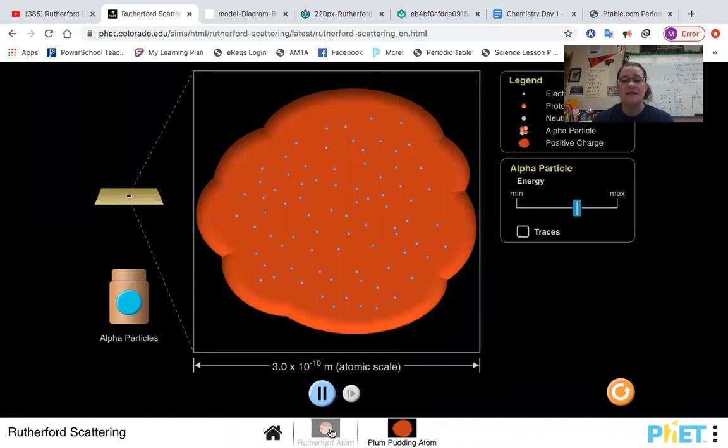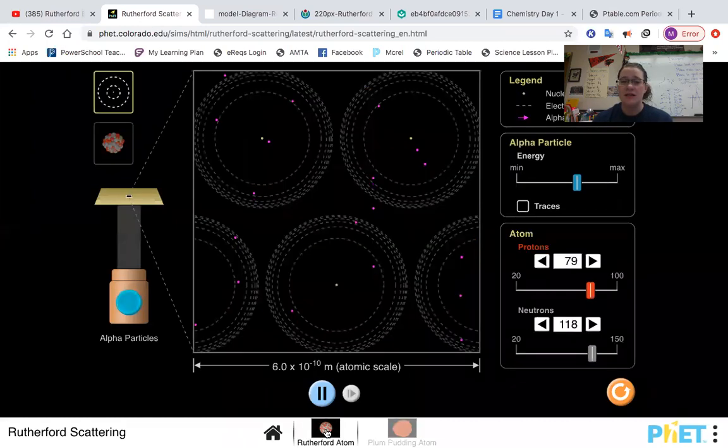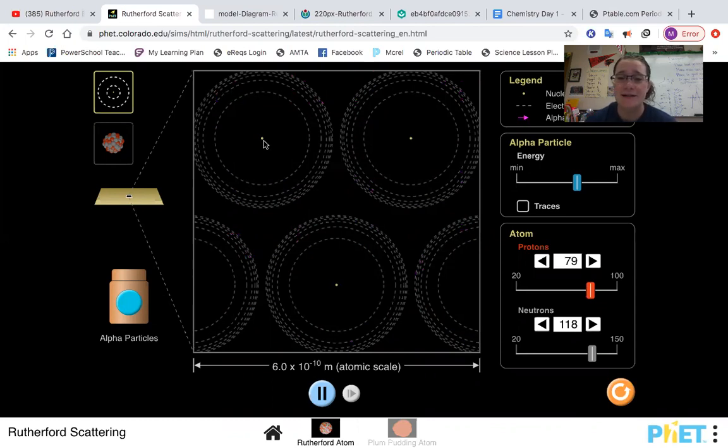And so let's, instead of looking at our plum pudding model, look at Rutherford's model of the atom. Again, we'll just start out looking at several of these. So these are all representing different atoms. The little yellow part is the nucleus.